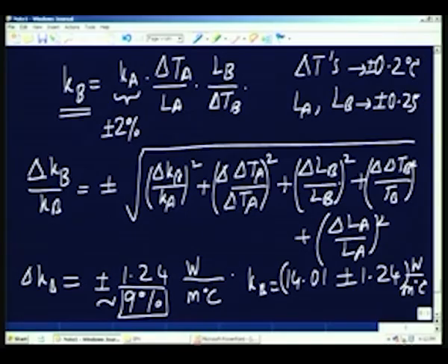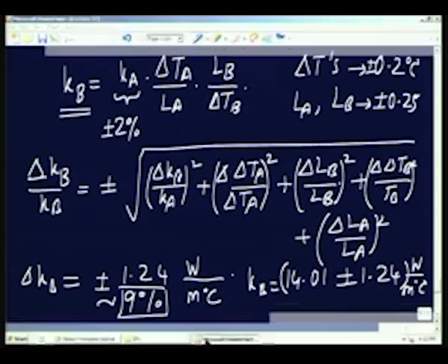If we can measure the temperature differences much better than plus or minus 0.2, and the locations of the thermocouples are more precisely known, we improve the precision of the measurement of the thermal conductivity of the material B. By suitable improvements, if we can bring it down to about plus or minus 5%, that will be acceptable for most engineering applications.